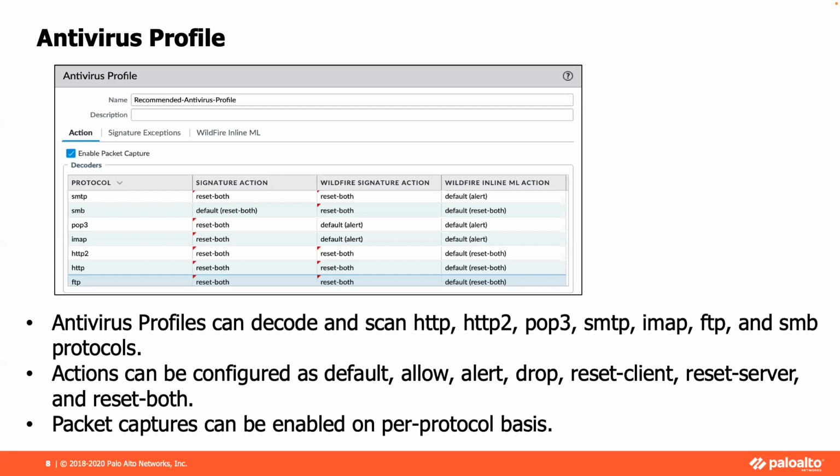So the Antivirus Profile protects you from quite a lot of different protocols that we can decode: HTTP and POP and SMTP, et cetera, et cetera. I'll read the slide to you, but you get the idea. We do have the ability to also create packet captures.